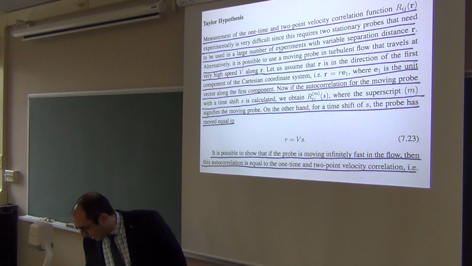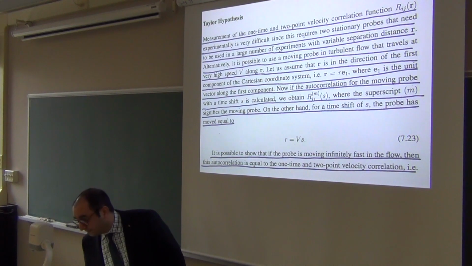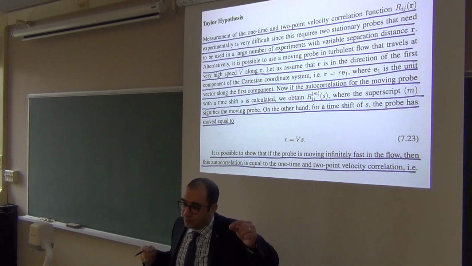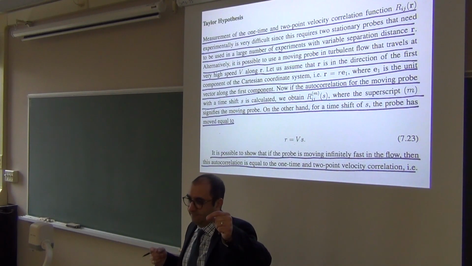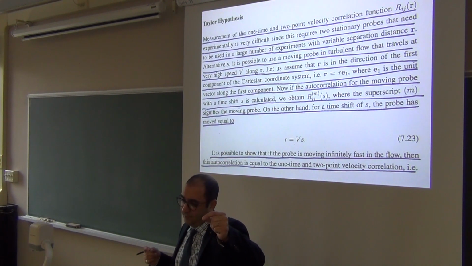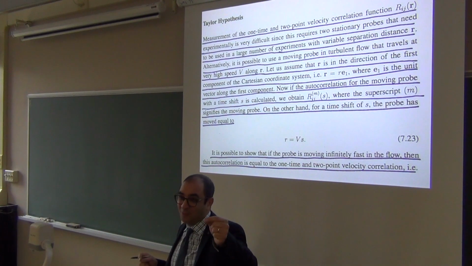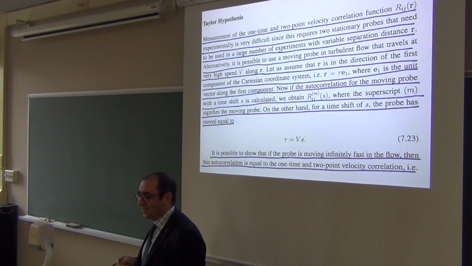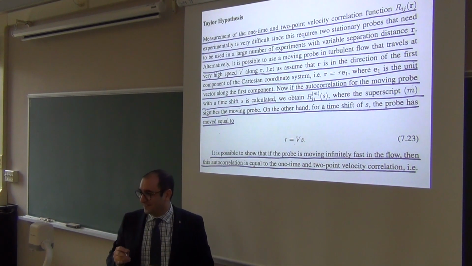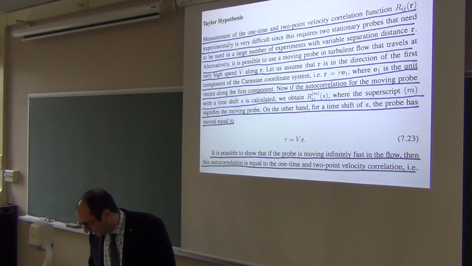Then, if it's fast enough, the moving probe measures the same statistics given a time shift as two stationary probes would have with a relative distance r. So with one sensor, I did the job of two sensors. So that means a lot of research funding savings if you can't buy fancy equipment.